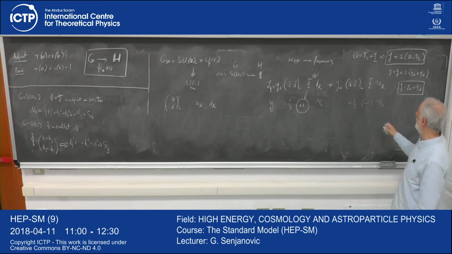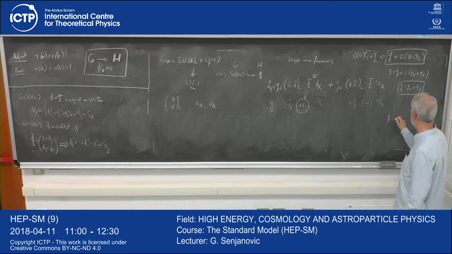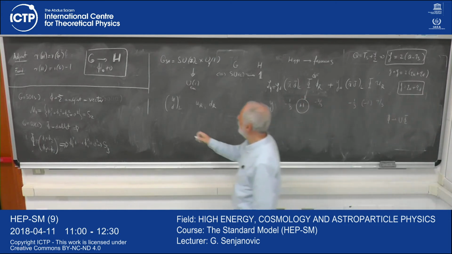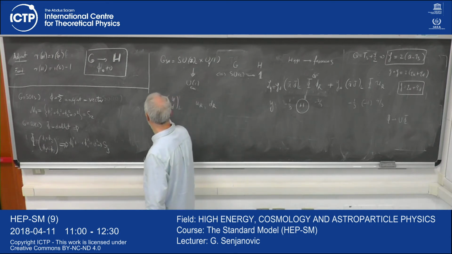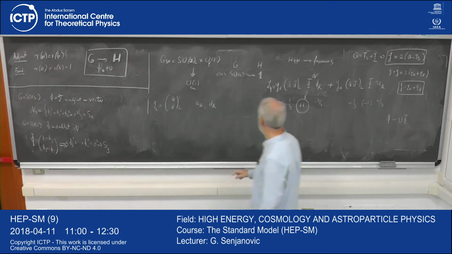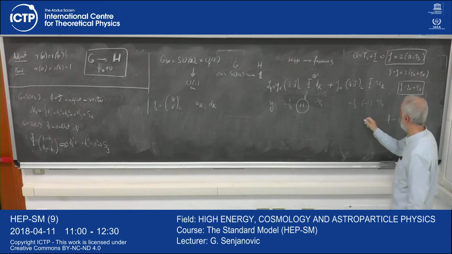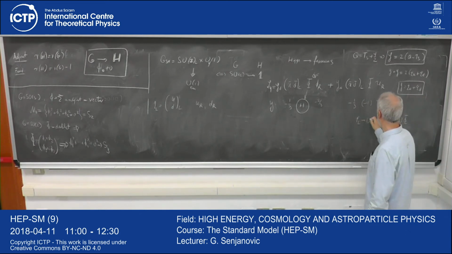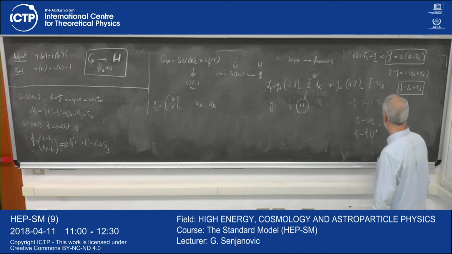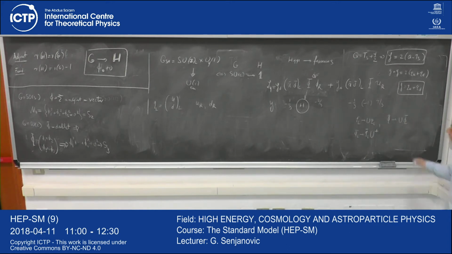This is an anti-doublet. Look, phi transforms as U phi. I'll call this Q_L, which transforms as U Q_L. So Q_L-bar transforms as Q_L-bar U dagger. This is why this was invariant.